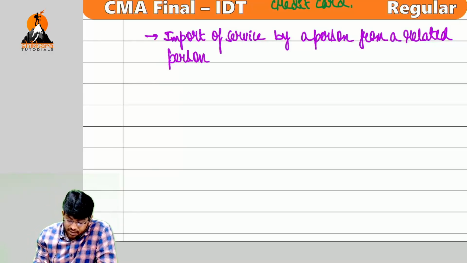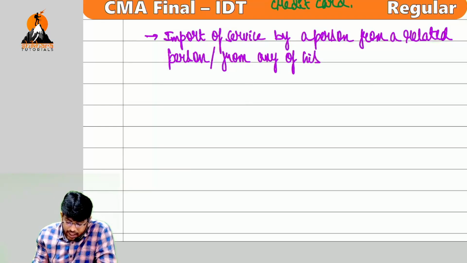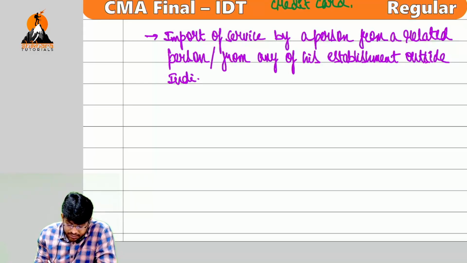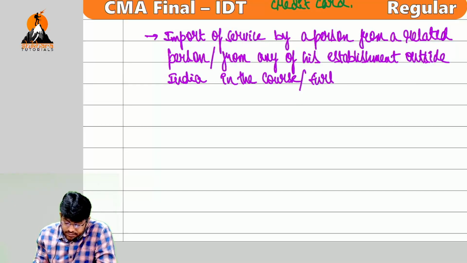Import of service by a person from a related person or from any of his establishment outside India in the course or furtherance of business.